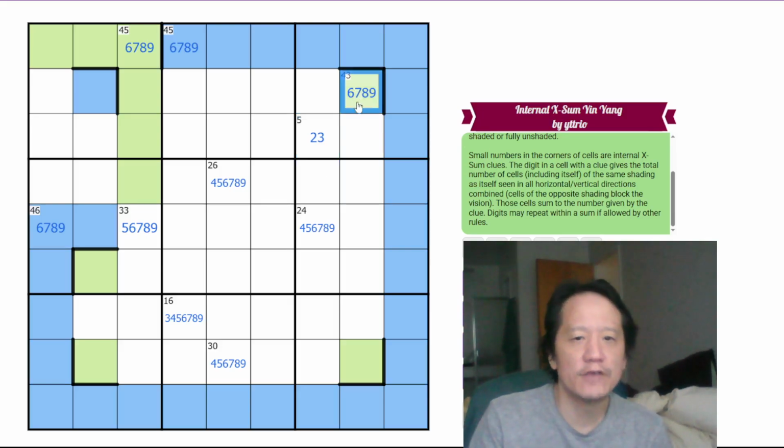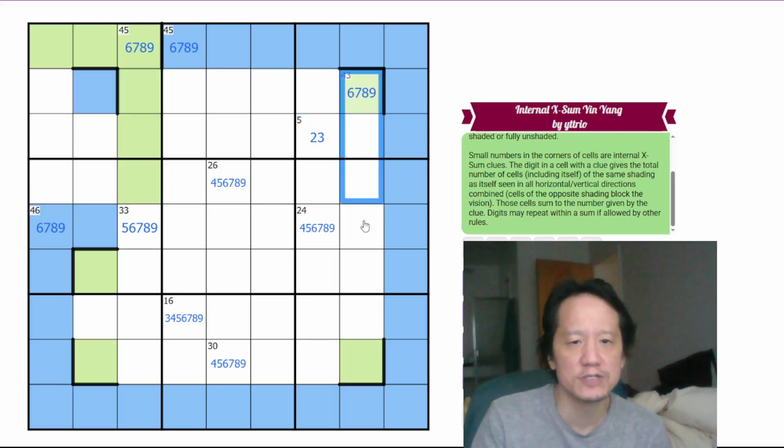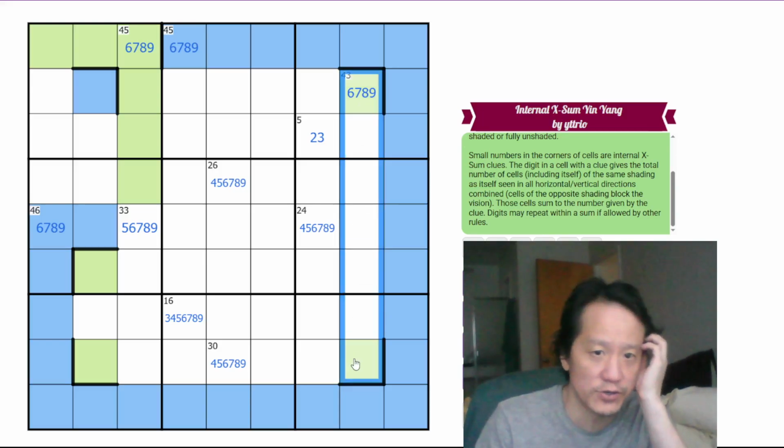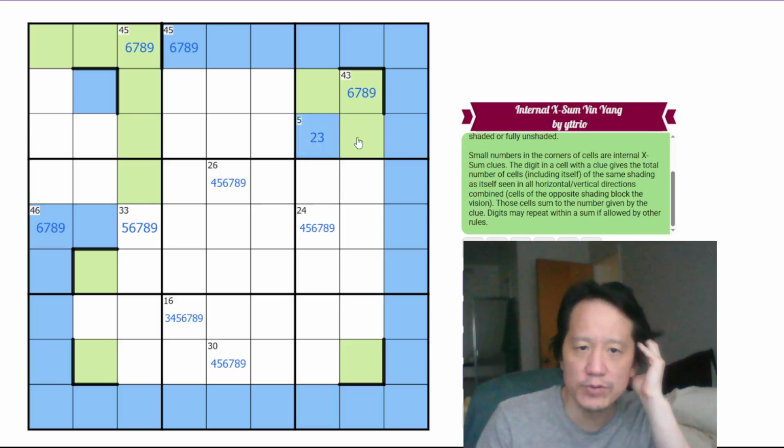So this can never fully go this way and this way, right? It's blocked. This is at most 6 digits, and they have to be unique, adding up to 43, which is not going to work. This is at most 7 digits, which add up to 43, but that doesn't add up because they're unique. So it has to go both this way and this way, which means this has to be a blue.